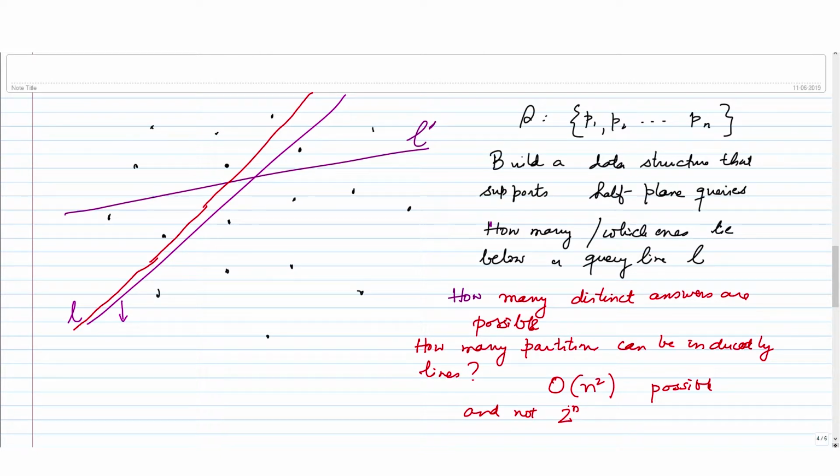Okay. So that's the constraint because of which all those exponential partitions are not possible. Okay. But I'll give you a simpler argument. This is just a hand waving intuitive argument. Okay. Now, how do you go about solving this problem? Well, so this is where basically I'll introduce this notion of duality. Okay. So I'll define a transformation. Okay.